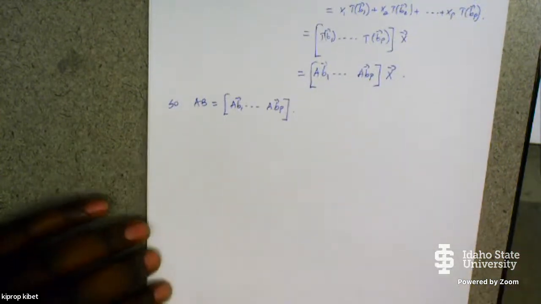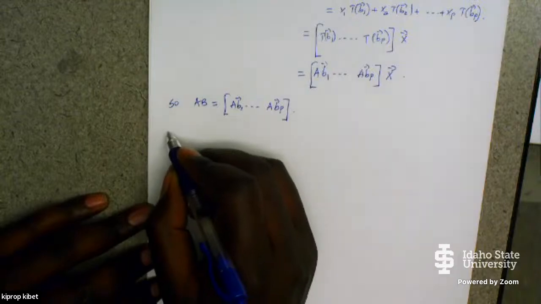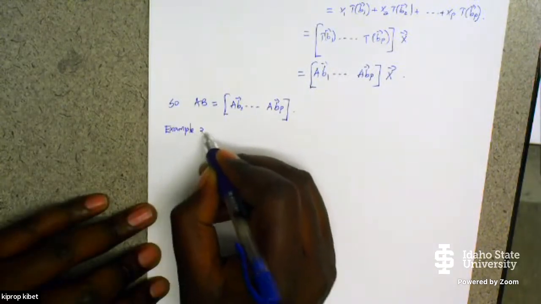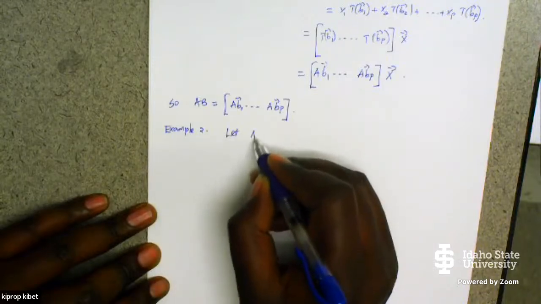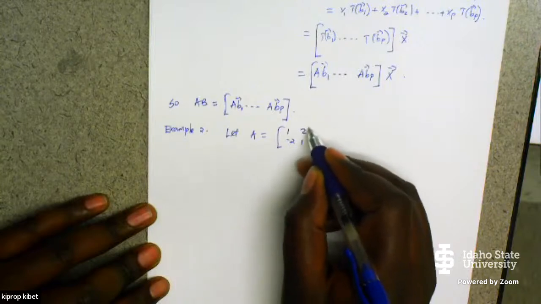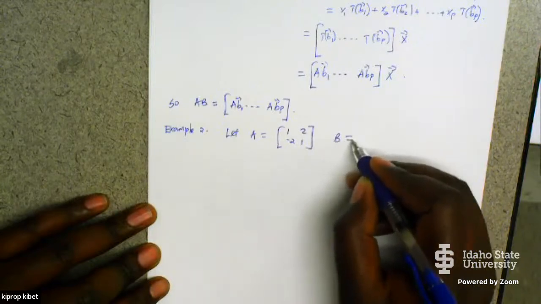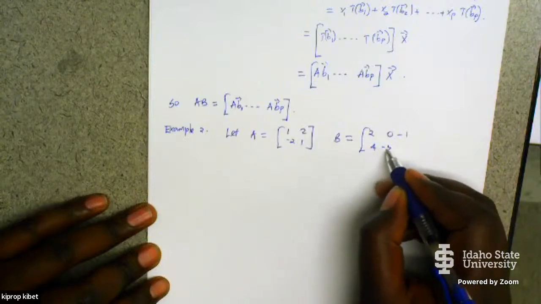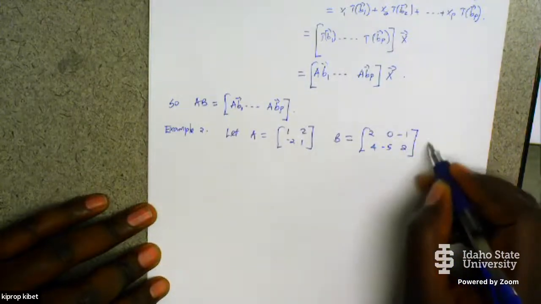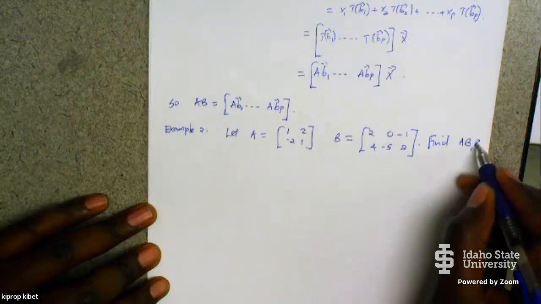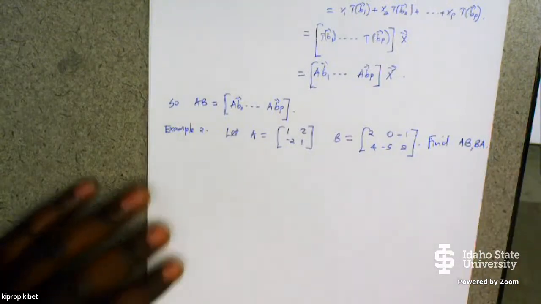Okay, let's see an example on how we can multiply matrices. Example number 2: if we let A equal [1, 2; minus 2, 1], and B equal [2, 0, minus 1; 4, minus 5, 2], find AB and BA. Find AB.